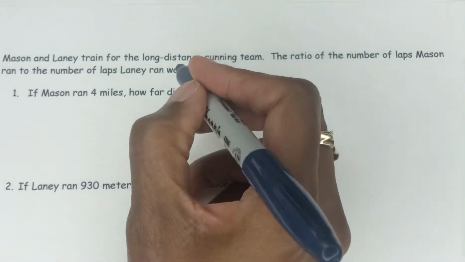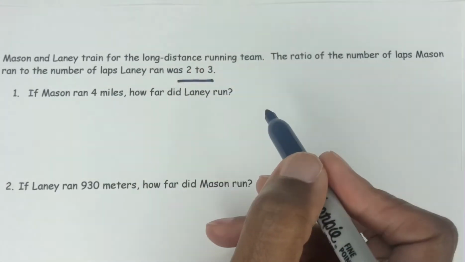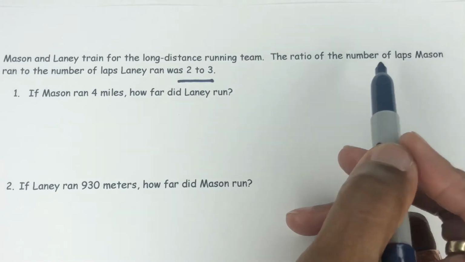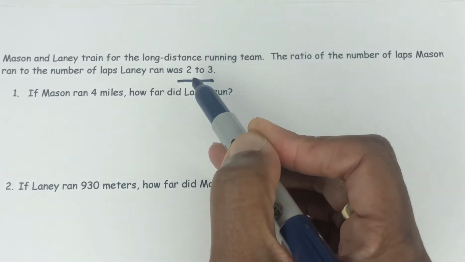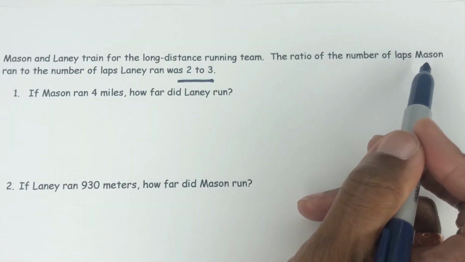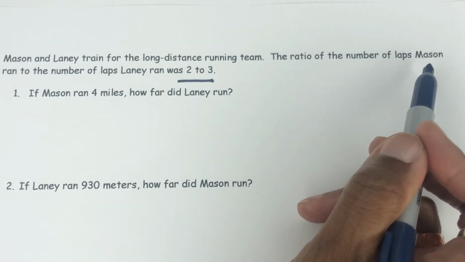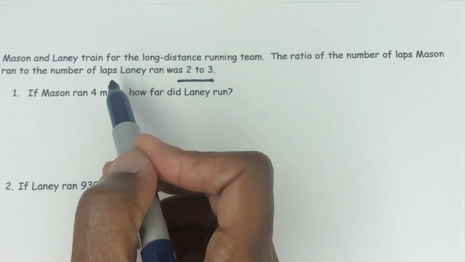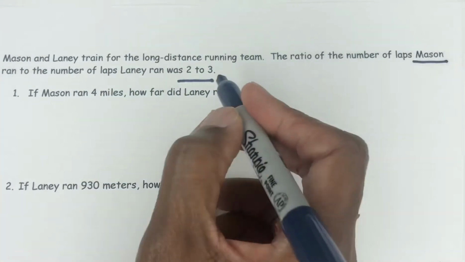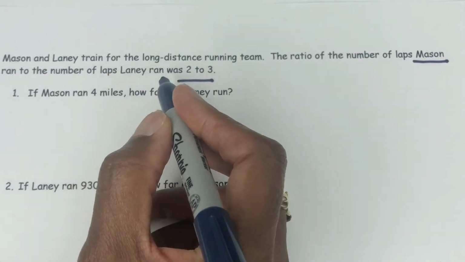So if the ratio says 2 to 3, which it does, that means you have to keep it in order of the question. So 2 to 3. Now, which name appeared first, right? Mason. So the ratio of number of laps Mason ran to the number of laps Lainey ran.